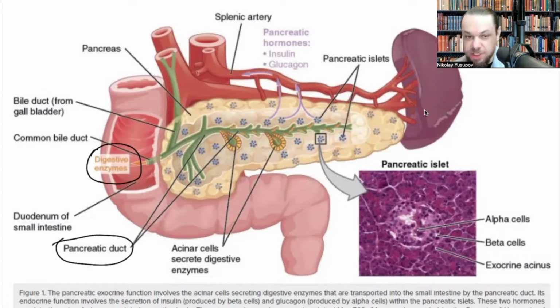The digestive enzymes will be secreted into the small intestine, where the digestion and chopping up of macromolecules will occur to get them into single molecules or monomers, like monosaccharides, like glucose, amino acids, and fatty acids.